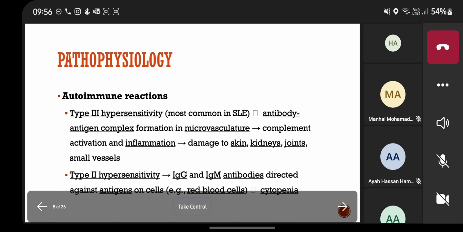Okay, autoimmune reaction. Maybe it's due to type 3 hypersensitivity or type 2 hypersensitivity. Type 3 hypersensitivity is most common in SLE in general, but type 2 is more common in children.